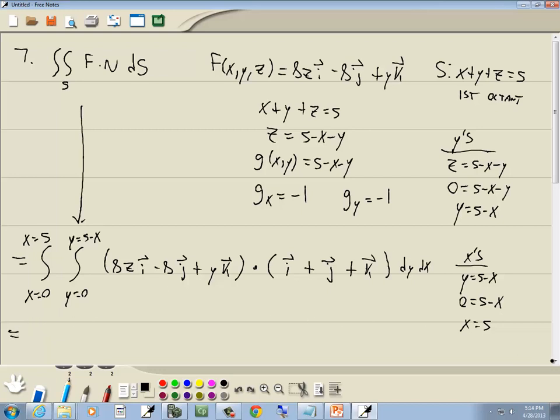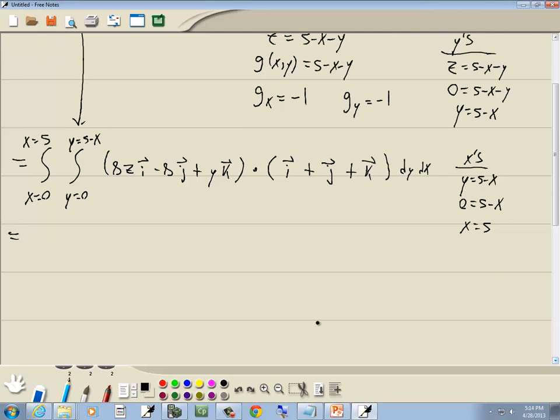Okay, so let's find this integral. The dot product. We multiply what's in front of our i's. So 8z times 1 is 8z. Multiply what's in front of our j's. Negative 8 times 1 is negative 8. And multiply what's in front of our k's.